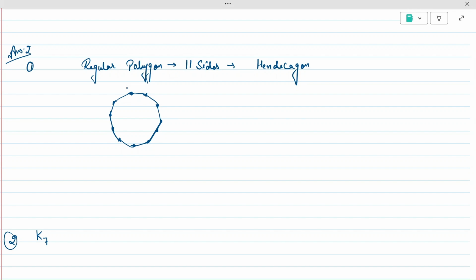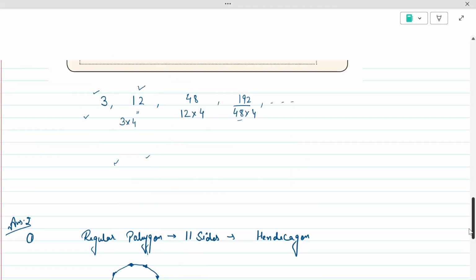It has 11 sides and 11 vertices. This is the first shape. I'm writing here it has 11 sides and 11 vertices. Okay. Now, what is the next part of the question?